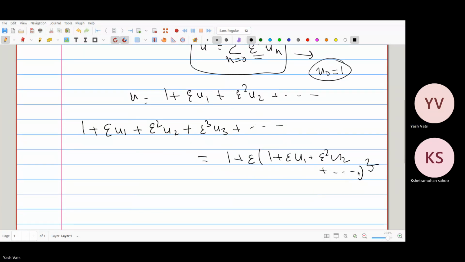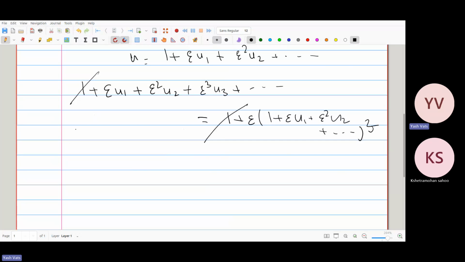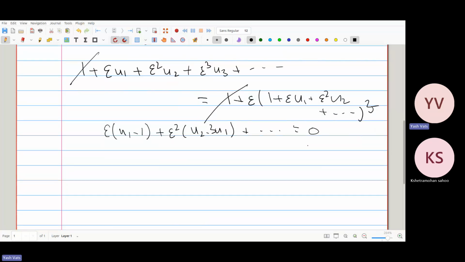Okay. So you cancel out 1 on both sides. Taking the common terms, epsilon times (u1 minus 1), epsilon square times (u2 minus 3 times u1), plus, and so on. So what does it give? It gives u1 equals 1, u2 equals 3 times u1, and so on.